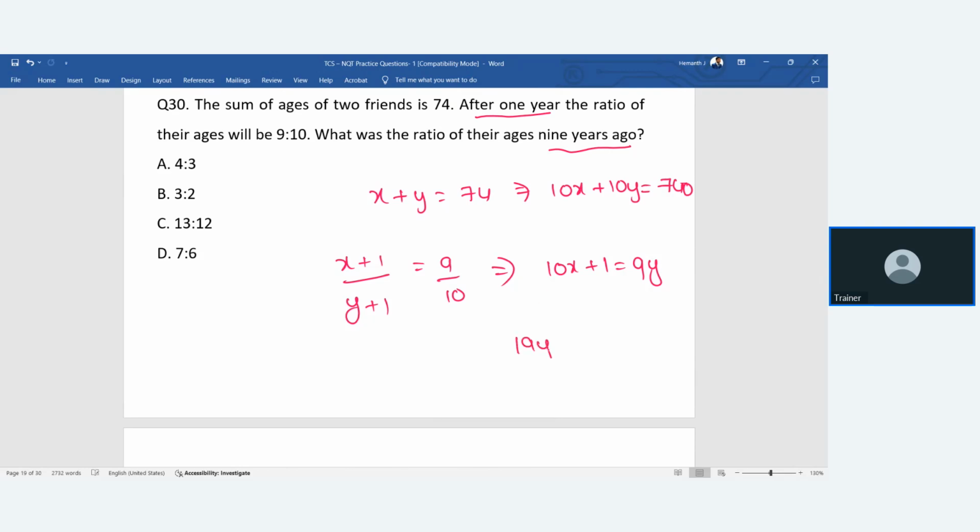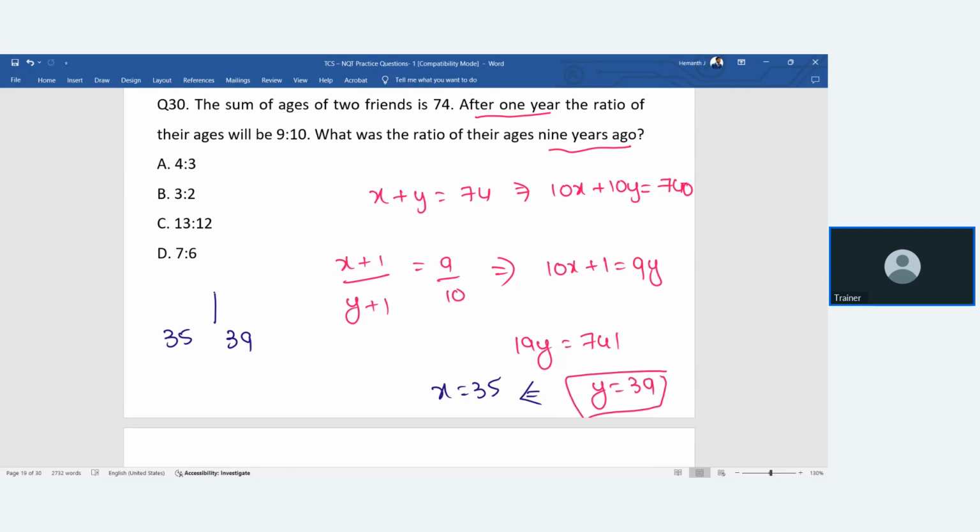We get 19y equal to 741, so y is 741 divided by 19, which is 39. That implies x value is 35. So their present ages are 35 and 39.